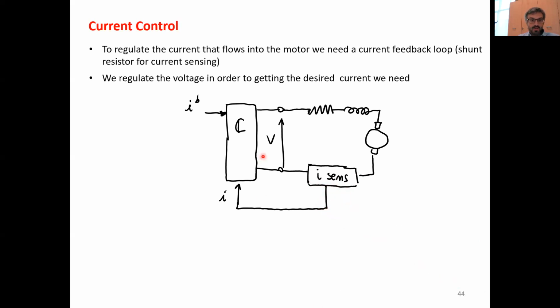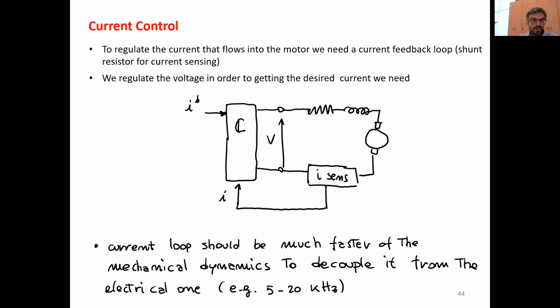So our controller takes feedback from the current through the motor and drives the voltage in a certain way, trying to achieve a desired current. We need to be aware that this current controller, this current loop, should be much faster than the mechanical dynamics in order to achieve a certain decoupling.